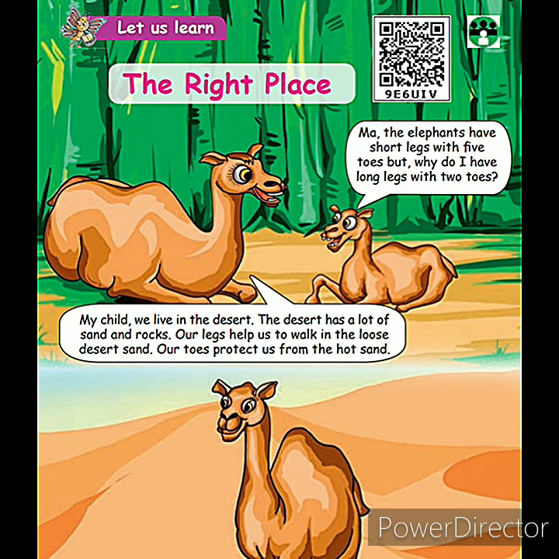So the calf is asking its mother. The elephants have short legs. So elephant you know no, யானை. So யானைக்கு கால்கள் வந்து ரொம்ப குட்டியா தான் இருக்கு. ரொம்ப நீளமா இல்ல. And they have 5 toes.